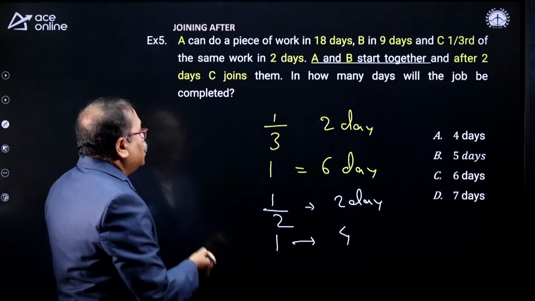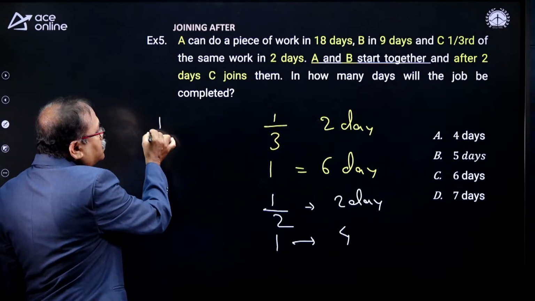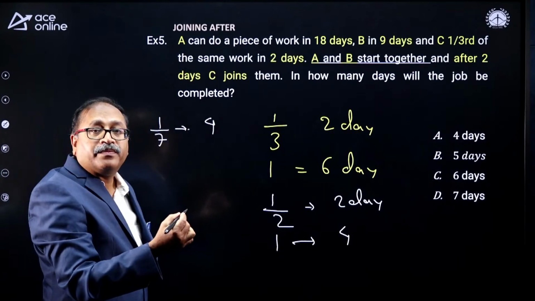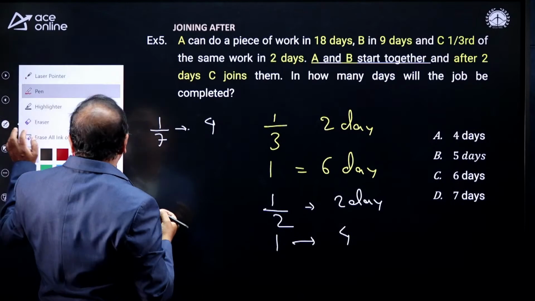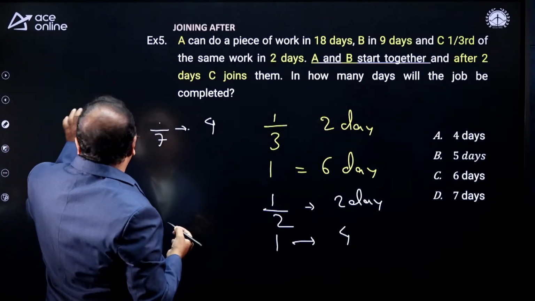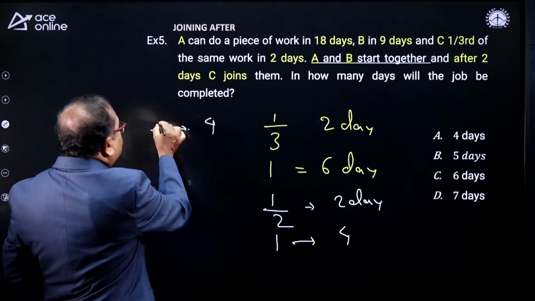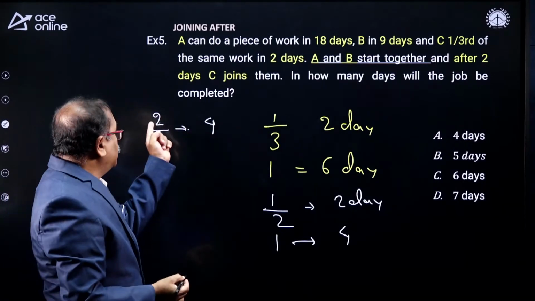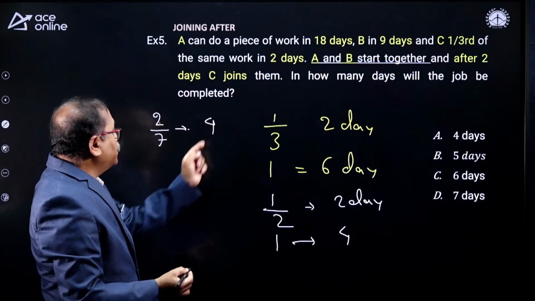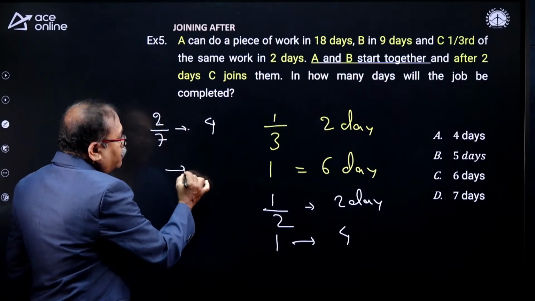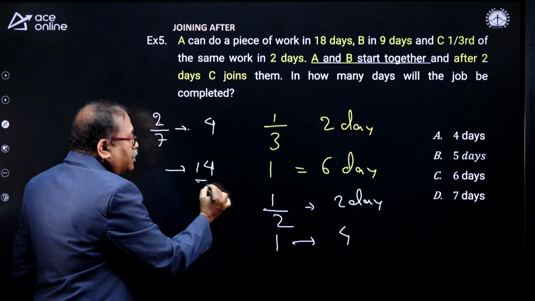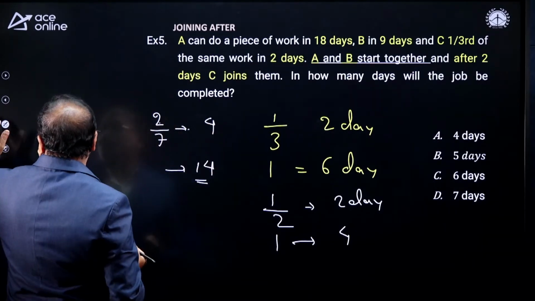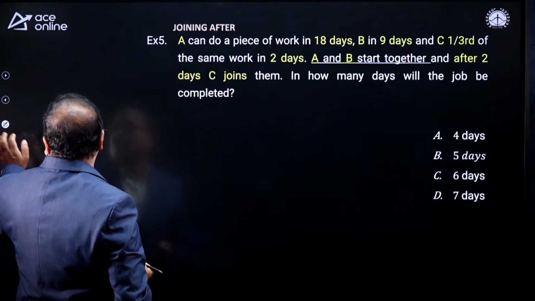Like that, if I say that C completes 1/7 of the work in 4 days, let's consider this as 2/7 of the work in 4 days, then one work in how many days? The 2 will get cancelled, and 7 into 2 is 14 days. So one work he will complete in 14 days.